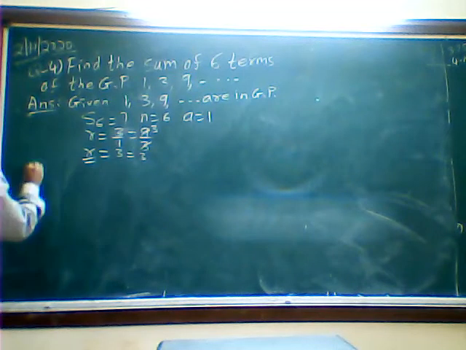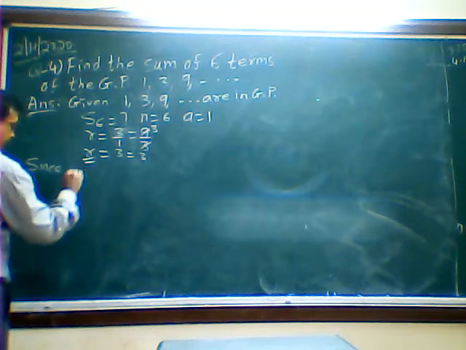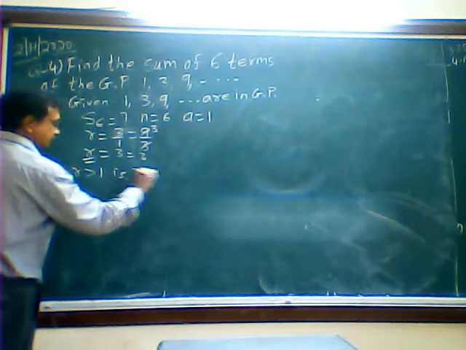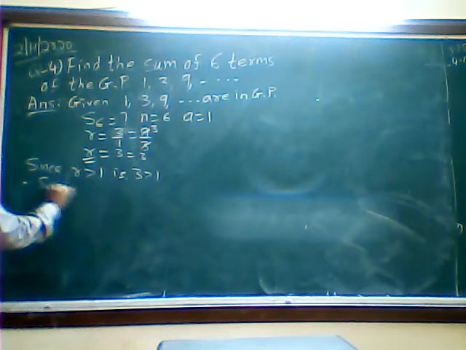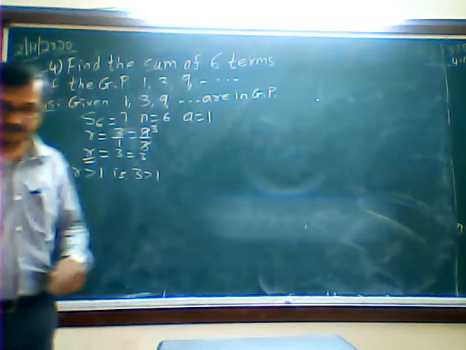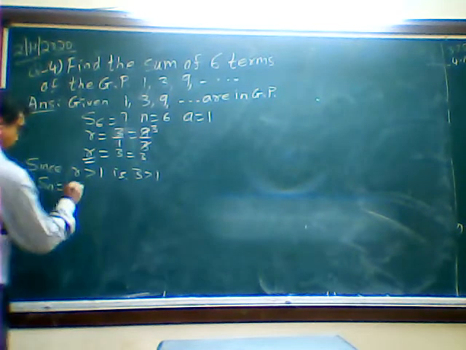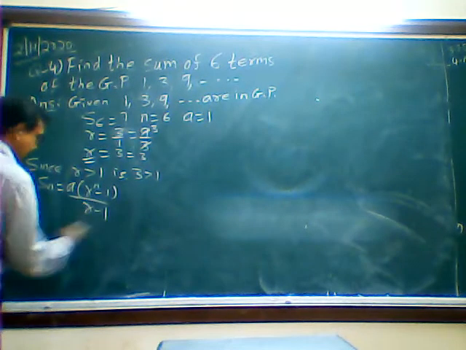So I am going to write the Sn formula. Since r is greater than 1, that is 3 is greater than 1, the Sn formula is, can anybody tell me? Sn is equal to A times r raised to n minus 1, divided by r minus 1.